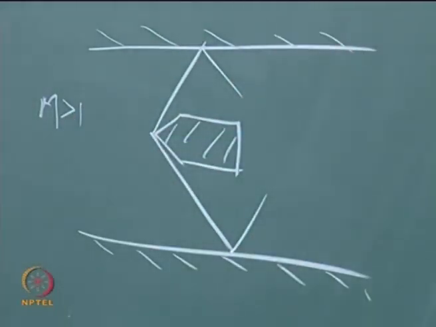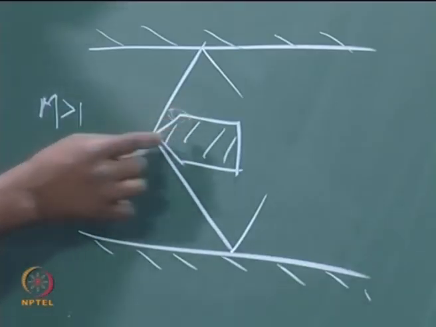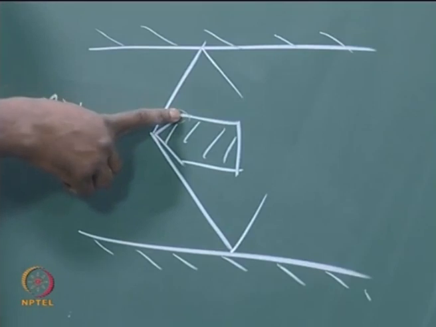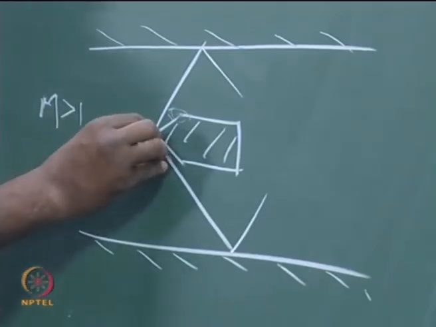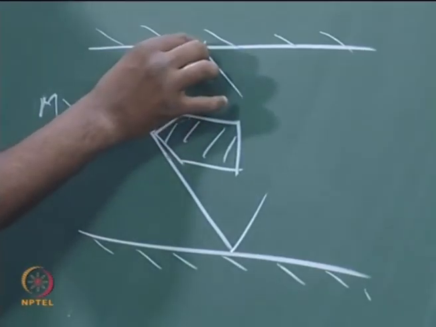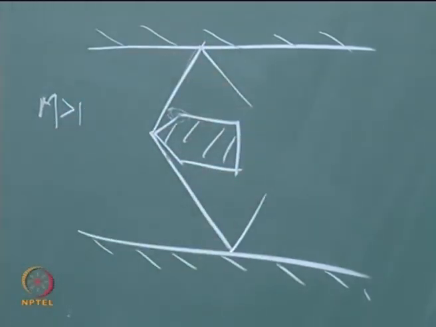This is what will happen. Of course, I am not talking about what happens in this corner, which we will deal with after we understand expansion. There will be expansions here. We will understand that after we deal with expansions, which will be the next section. So, as of now, we will just say this shock is going straight, and then it is bouncing off that corner and coming back like this. That is what will happen in a typical supersonic tunnel.